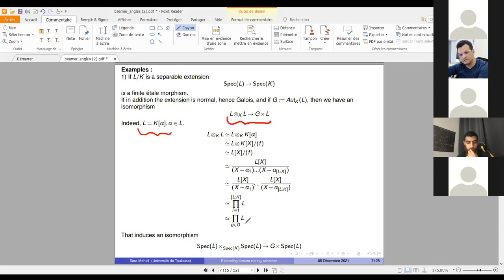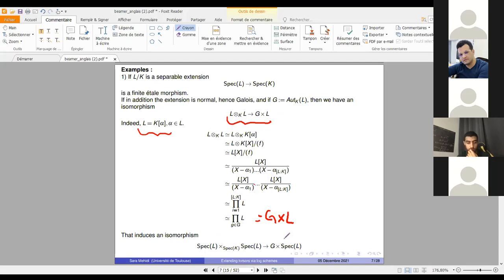So I have copies of L indexed by G, and this is equal to G times L. And so I have this morphism of rings, which gives me a morphism of fields. So in the scheme setting, by taking the spectrum, I get this morphism, which is an isomorphism, since this one is an isomorphism.